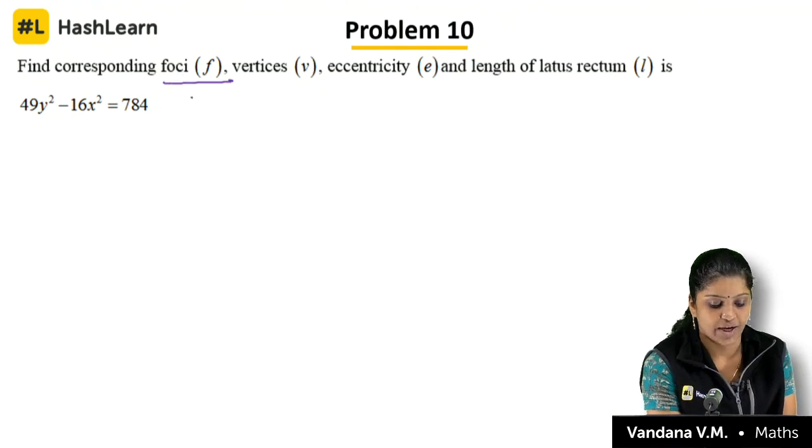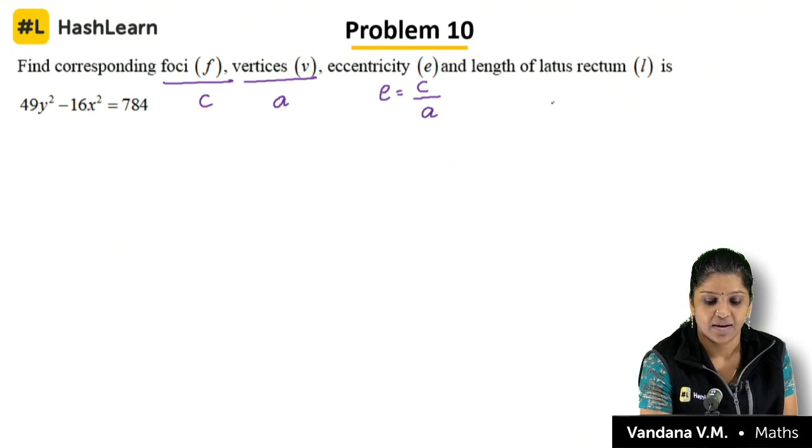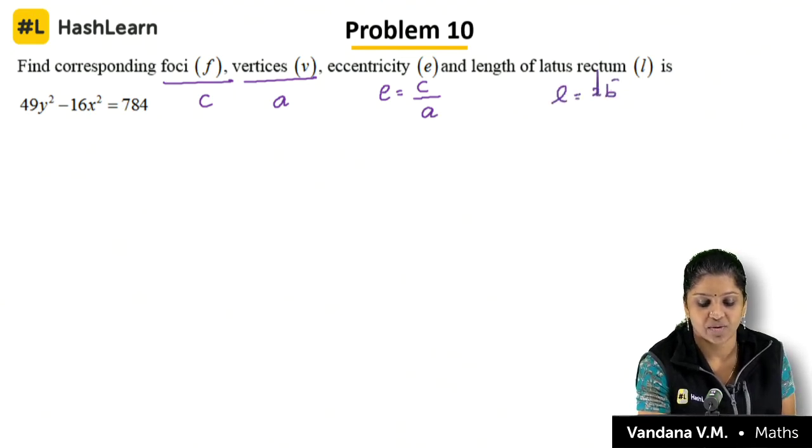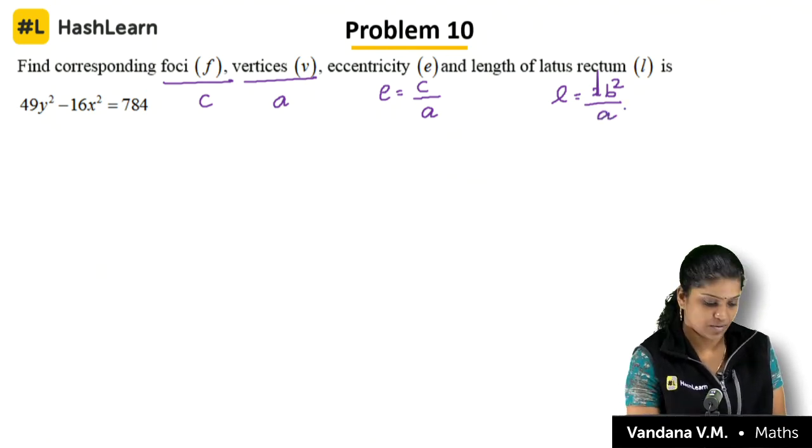Same thing, foci. Foci means I have to find the c value. Vertices, I have to find the a value. Eccentricity, e is equal to c by a. Length of the latus rectum L is equal to 2b square by a. Clear? So, find out.